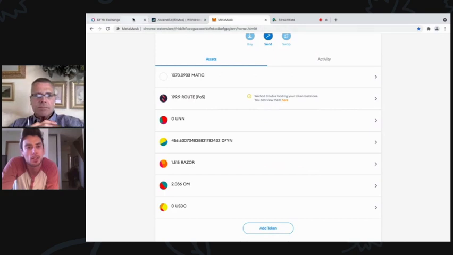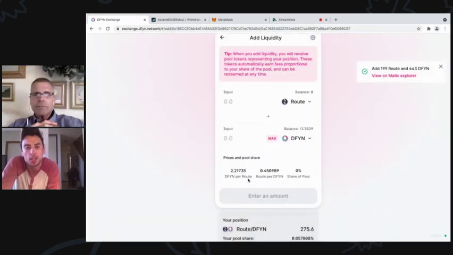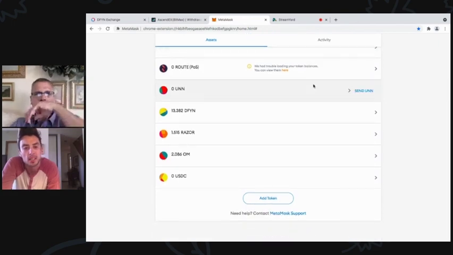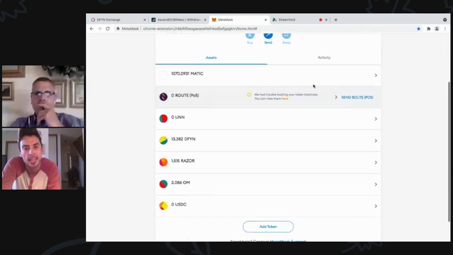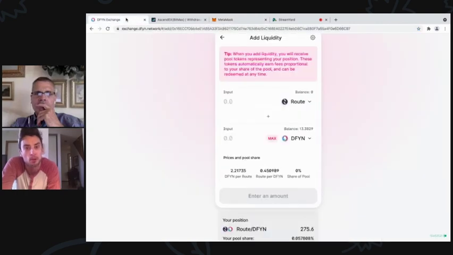Just to let you guys know as well, there are glitches. Okay, so there we go. We're already confirmed. There are glitches. Usually on the ETH side, when you created an LP, you would see your LP token already. I've noticed on the Matic side, as you can see, I'm in my MetaMask and I cannot see my LP token, but it just confirmed that it was created.